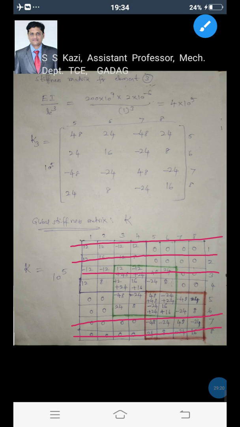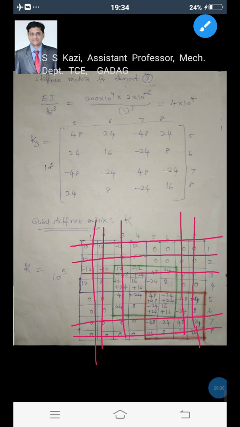7th, 8th row, next the column first, second, third, 7th and then 8th column, the remaining will be only these 3 terms.